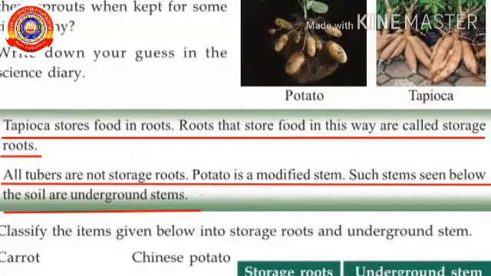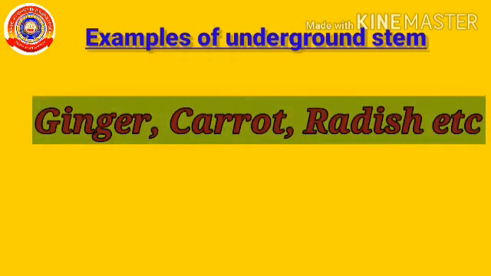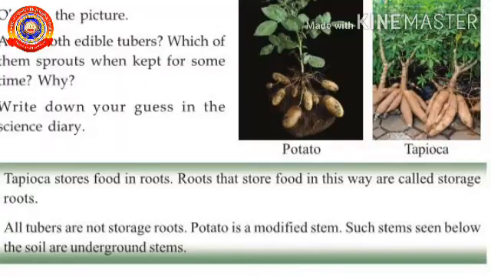All tubers are not storage roots. Potato is a modified stem. Such stems seen below the soil are underground stems. Ginger, carrot, radish, etc. are other examples of underground stems. You all understood what storage roots and underground stems are.